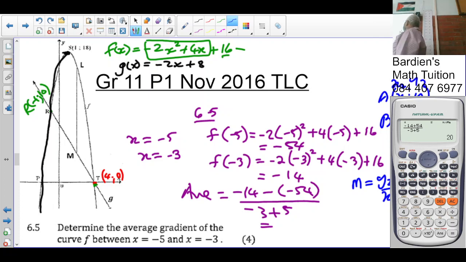If you made this x1 and that y1, x2 and y2, it must give you the same answer. You understand? The important thing is, if that is x1, that must be y1. That is why I got the answer 20 in both cases. Okay. Alright.